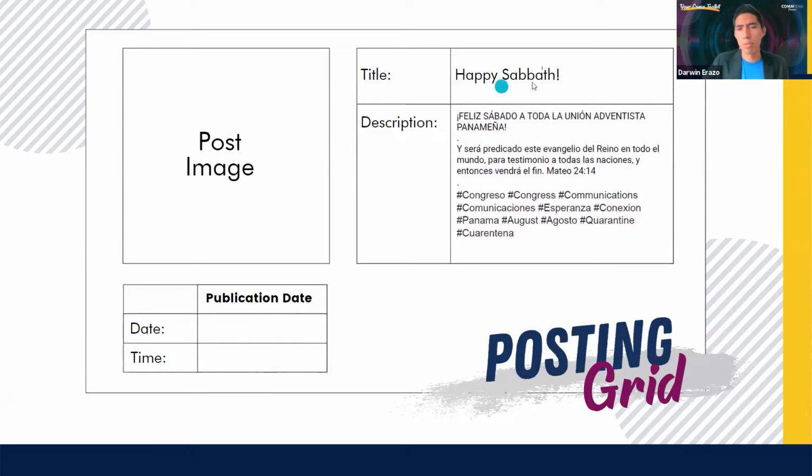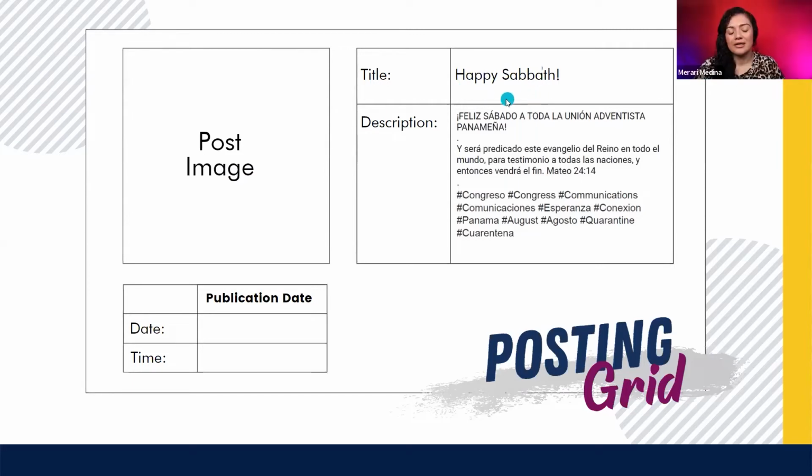We give it a title, but this is only for us, just to identify the name of the file, the name of the design that you're doing, the way that you save it on your computer.